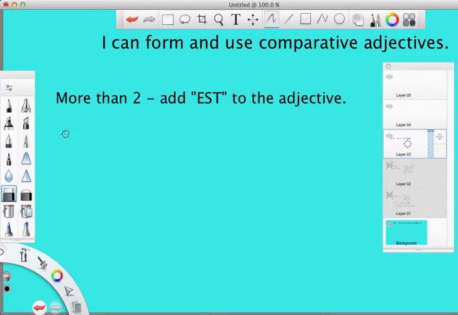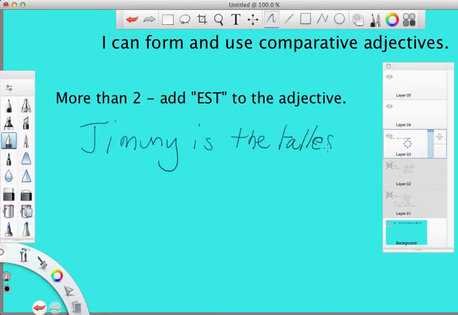So if I said Jimmy is the tallest of all three boys, now I'm talking about something different.